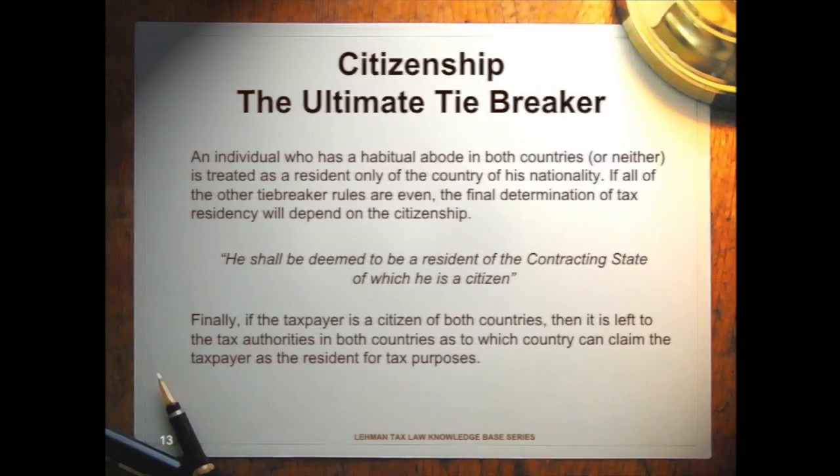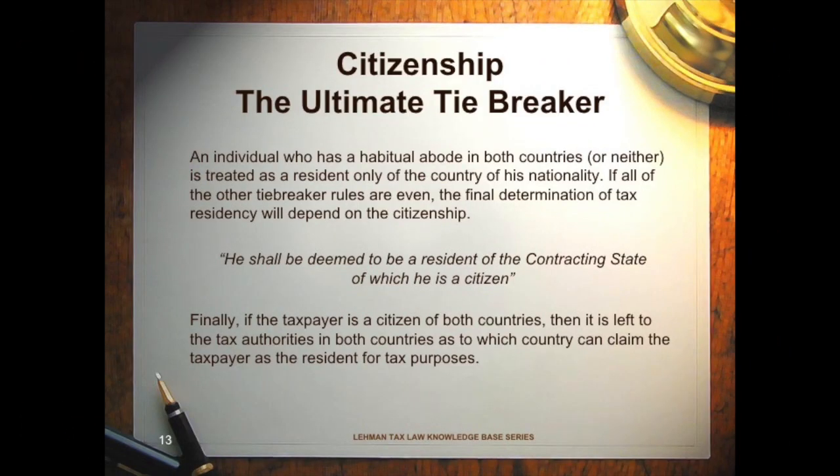And finally, if both tiebreakers are a tie, the home, then the center of vital interest, if that's a tie also, then you do what is called, what is your habitual abode? And that basically, under case law, comes down to where did you spend the most time during the year?